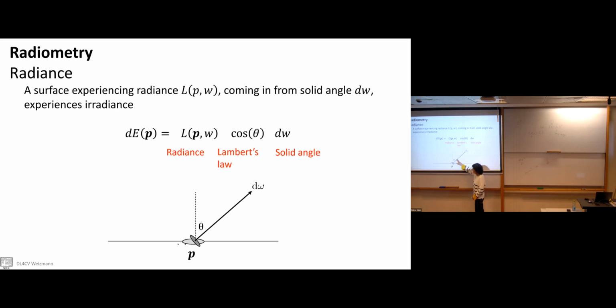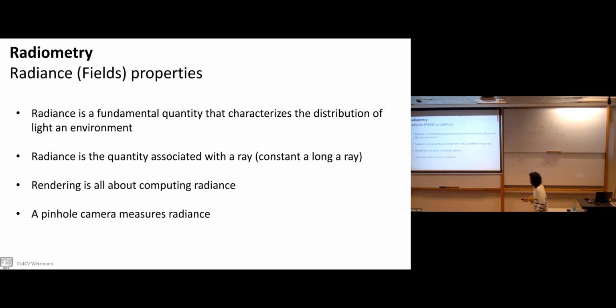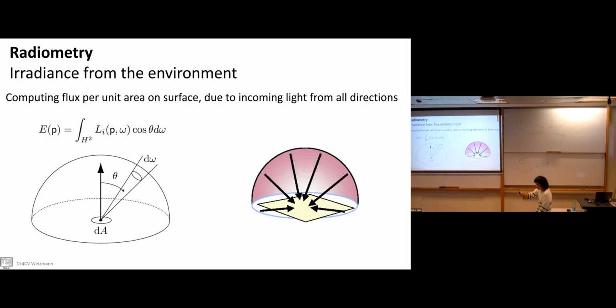That's what I know. And this is theta, and this is the normal, and this affects the irradiance here. When I'm looking only at this direction, what happens if I'm looking at more directions? It's a good question. So you can skip it. But this is related to your question.